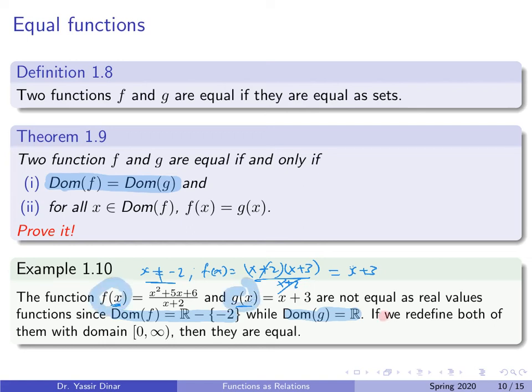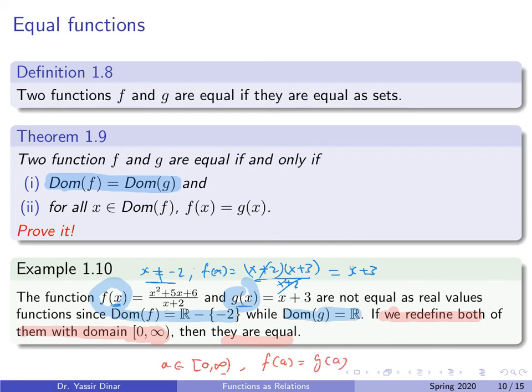However, if we redefine both functions to be defined on the domain from 0 to infinity, so minus 2 is not included, these functions will be equal because they will have the same domain, and for each element a in this domain, we see that f of a will be equal to g of a.